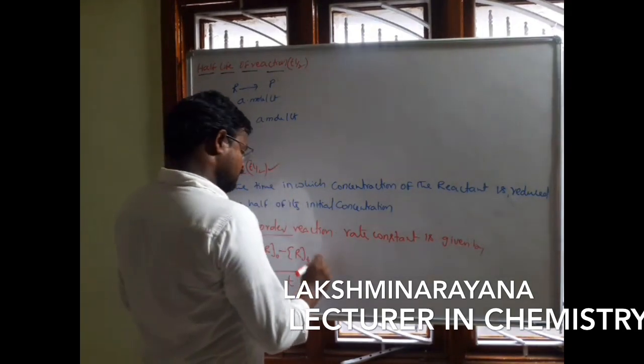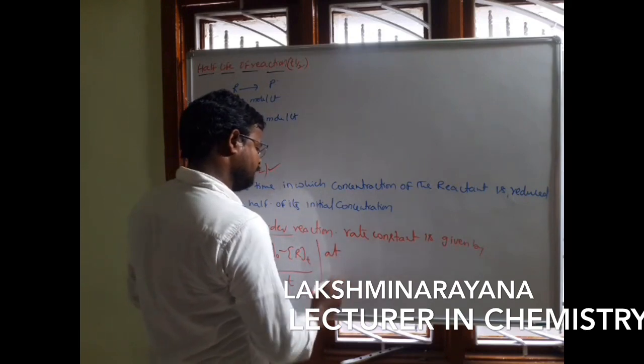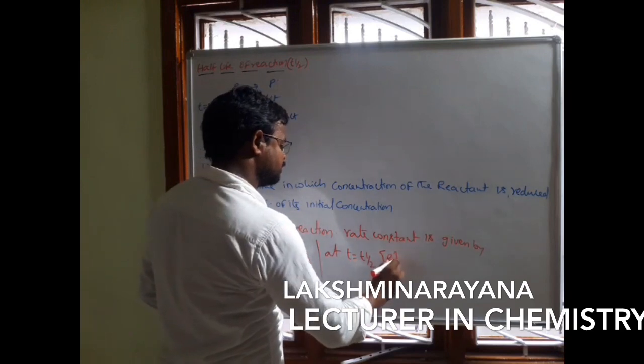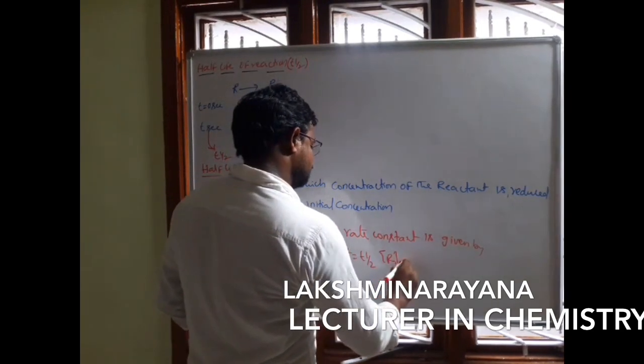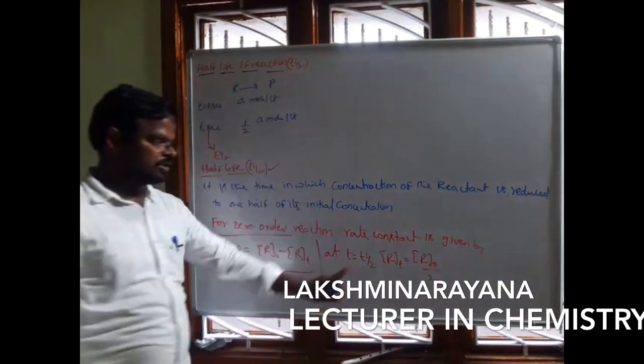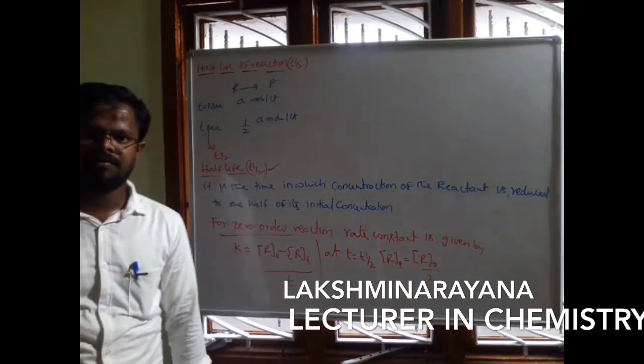According to the definition of half-life, at time t equal to T half, the concentration of the reactant is R naught by 2, that is, the initial concentration of the reactant divided by 2.